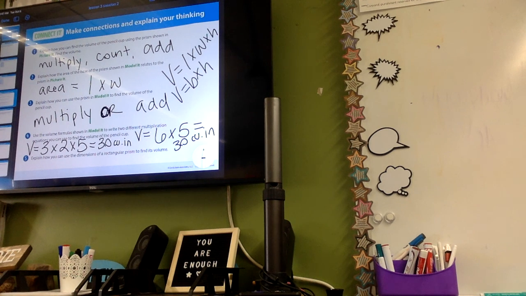It is the D in 2D or 3D, but what are we referring to when we're talking about volume? What are the dimensions? Length, width, and height. Those are our dimensions. How do we use those to find the volume? We multiply them together. We multiply to find the volume.